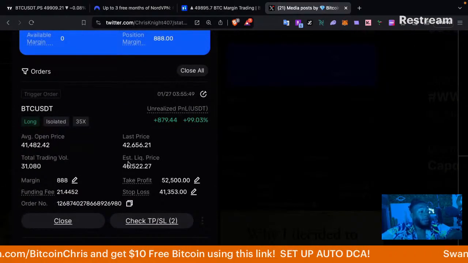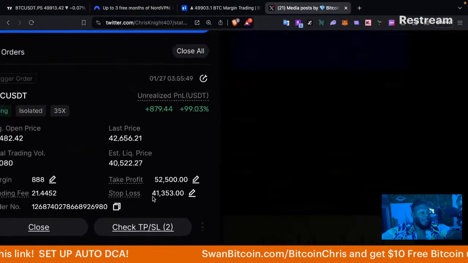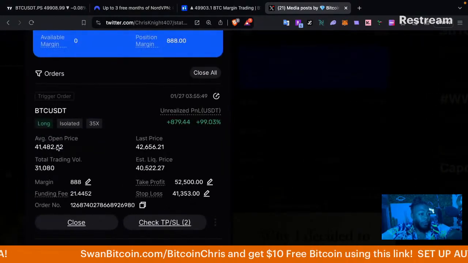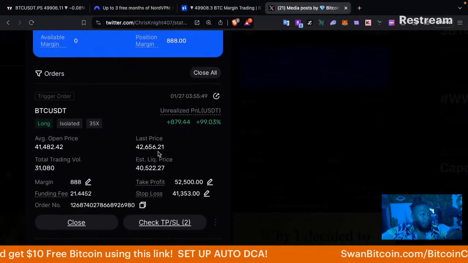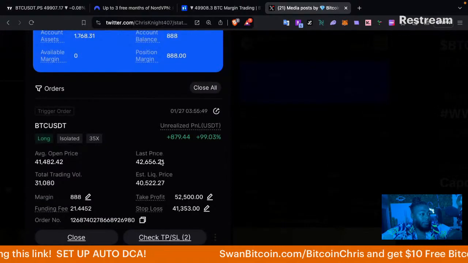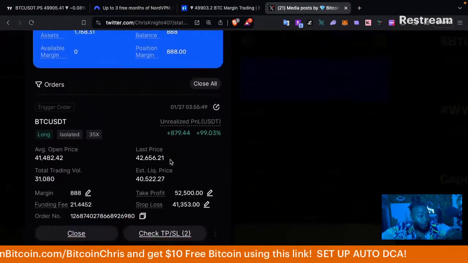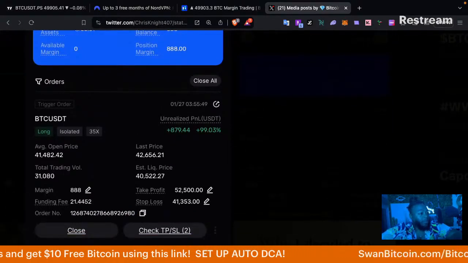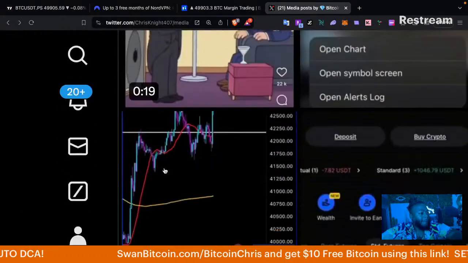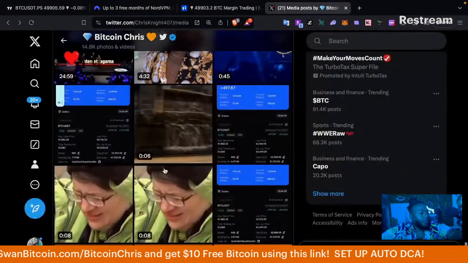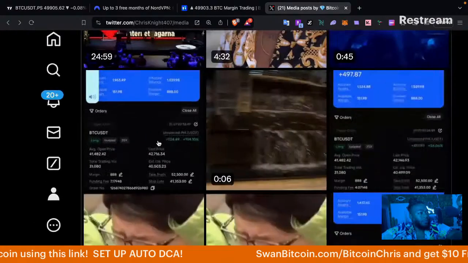That would have been crazy. Oh, look at that. Look at this trade, guys. I had profit at 52.5, stop loss 41.3, opened the trade at 41.4. $800 trade or $900 trade, almost up 100% on that. And this is the trade that I was telling you guys about, where I shared the exact play. 104%. Boom.